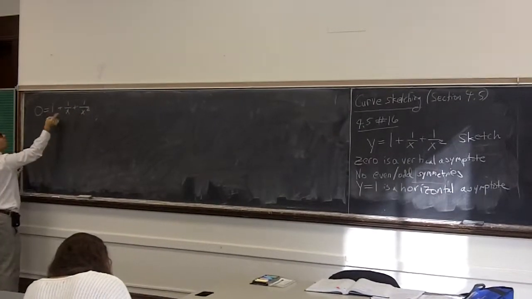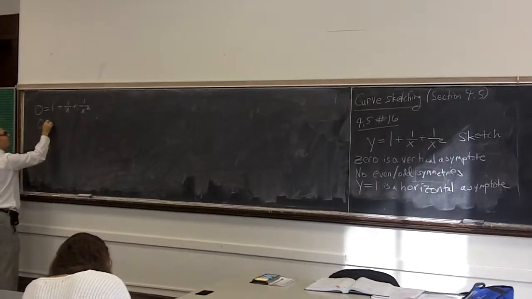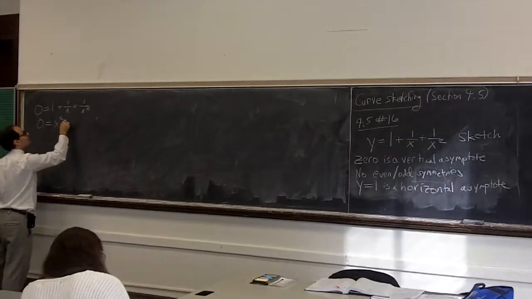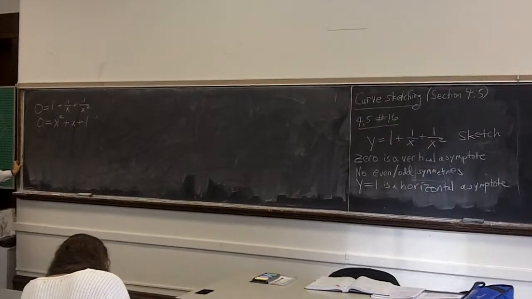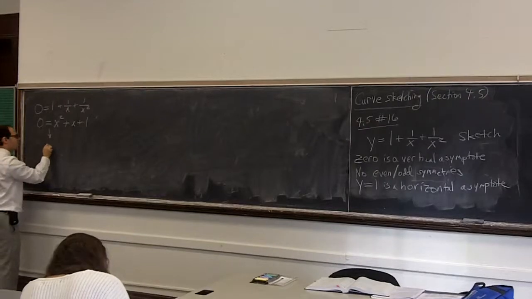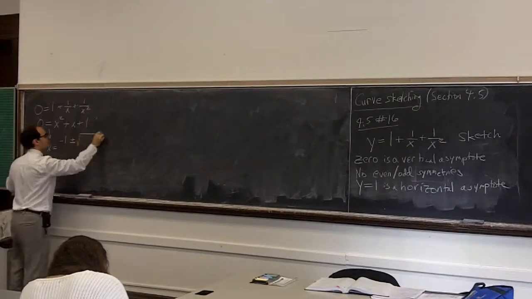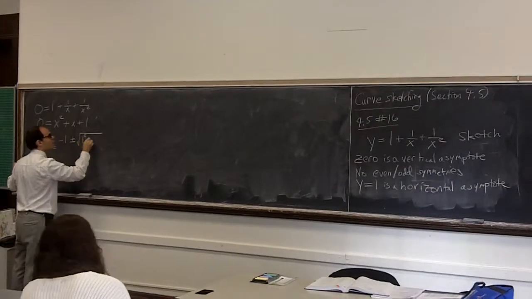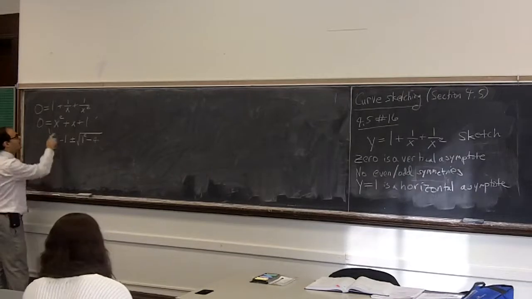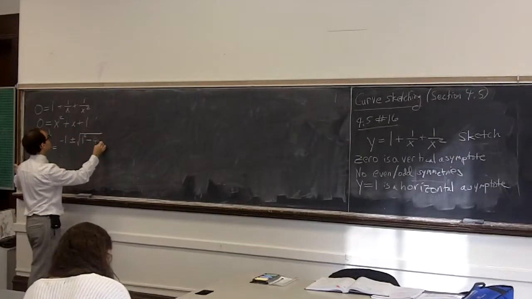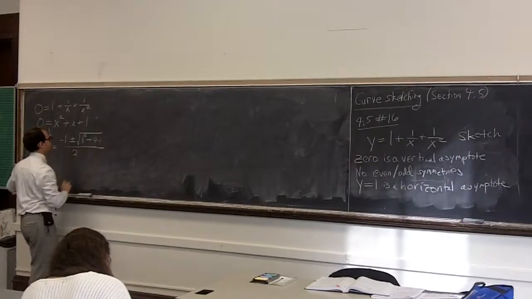See, if I multiply through by x squared, what do I get? x squared plus x plus 1. That's a quadratic. I should be able to solve that. x is negative b plus or minus the square root of b squared minus 4ac, over 2a.